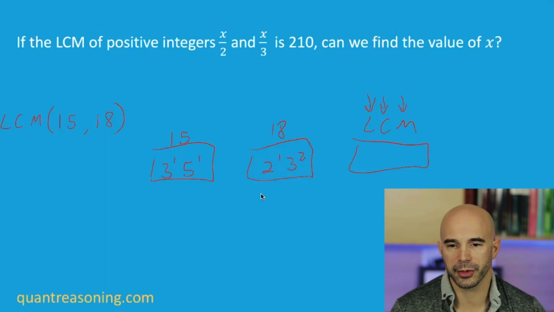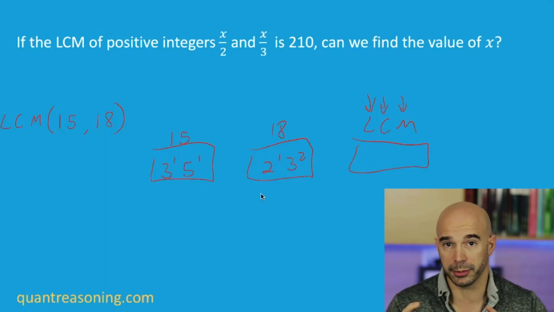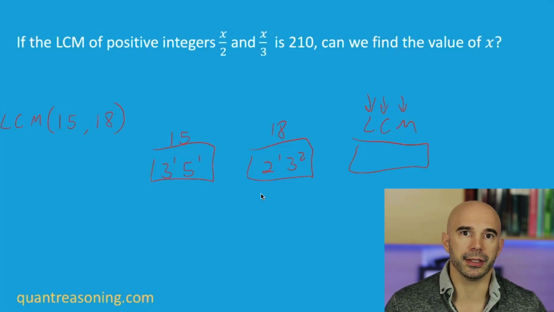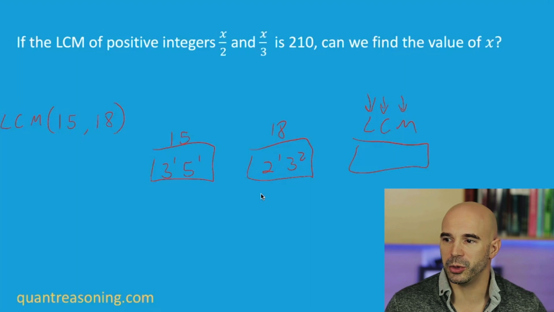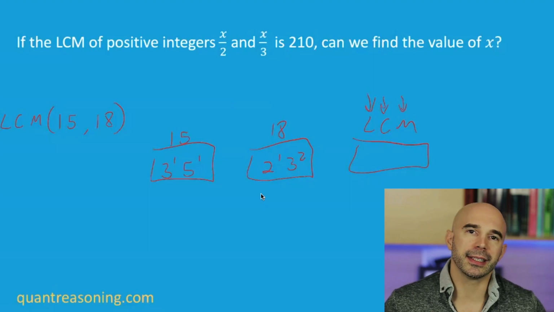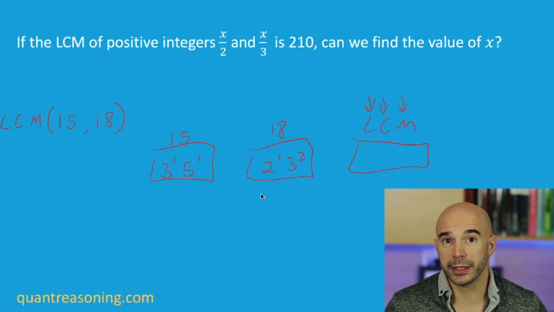So we're looking for a number that on the one hand is as small as possible. So I want to try to minimize the contents of this LCM box, but I can't just make it empty because then it won't be a multiple of anything. And I do need it to be a multiple of 15 and of 18. So I ask myself, is it absolutely necessary to have any 2's in the prime box of the LCM?